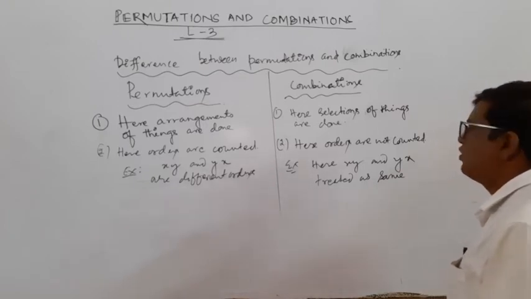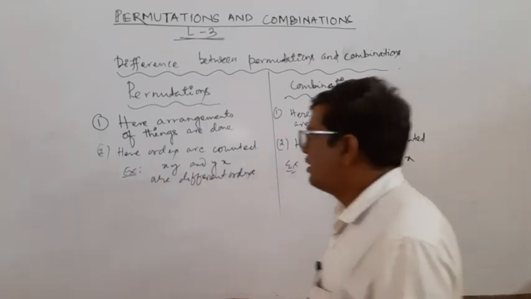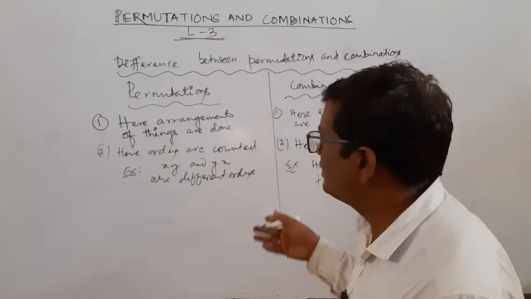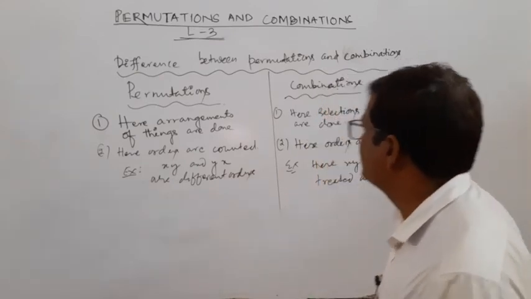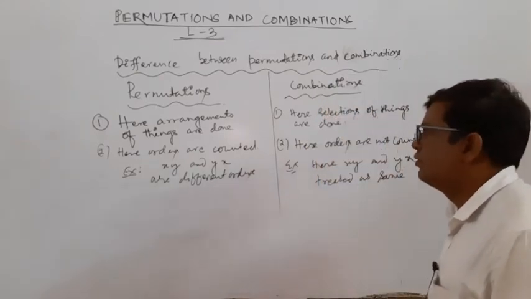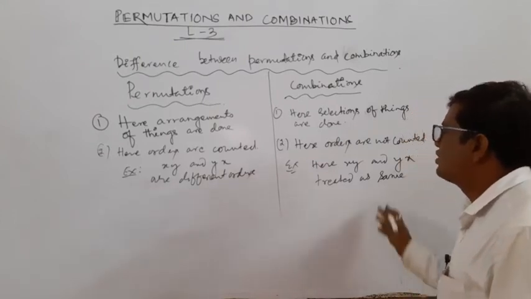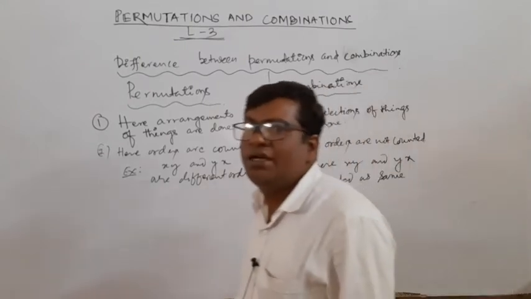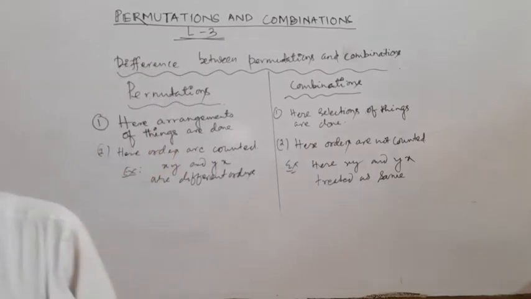That is, orders are not counted. Here the problem contains arrangement; here the problem contains combination. These are the two main differences of permutation and combination.